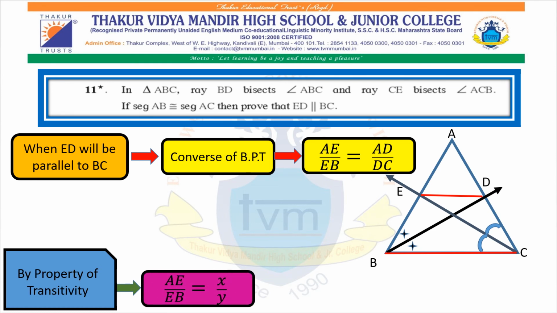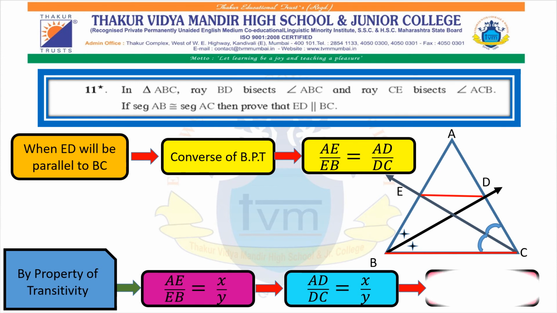Let us take that ratio as x upon y, and AD upon DC also equals x upon y. So from these two I'll get AE upon EB equals AD upon DC. Now I know how I am going to prove these ratios equal. Let us solve this sum.